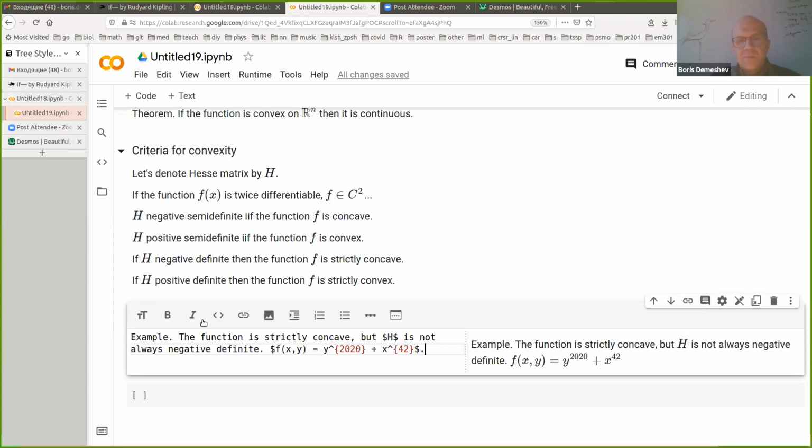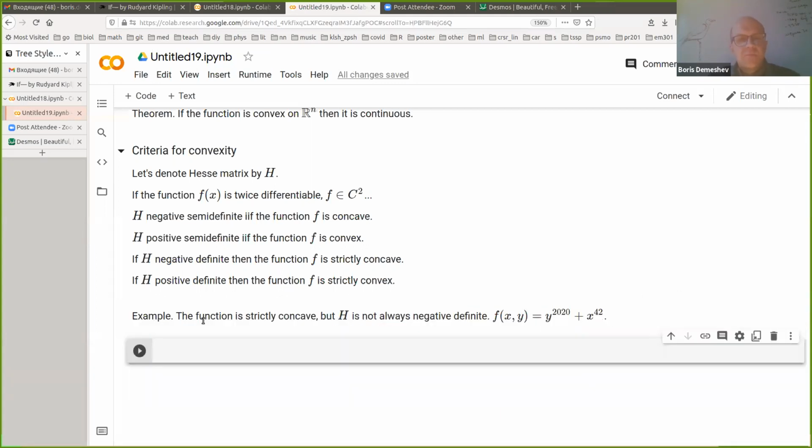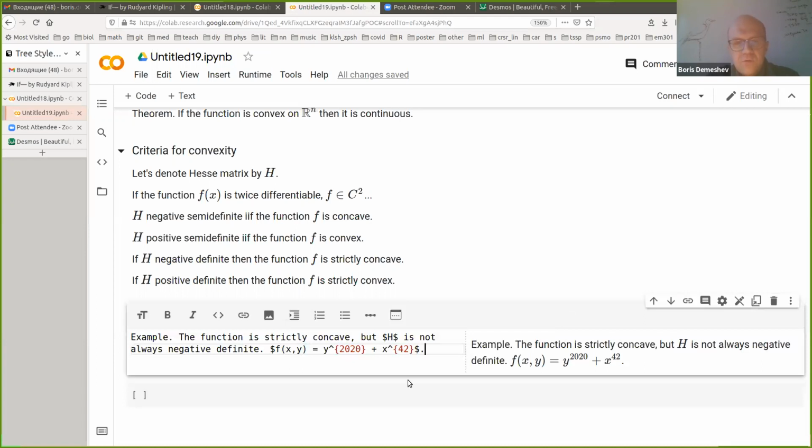This function is strictly concave. Oops, sorry, I need to add a minus. Like that, it is strictly concave.